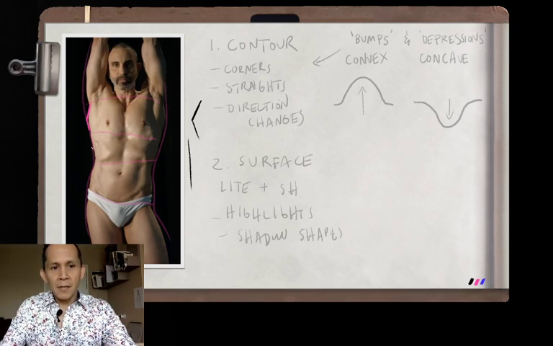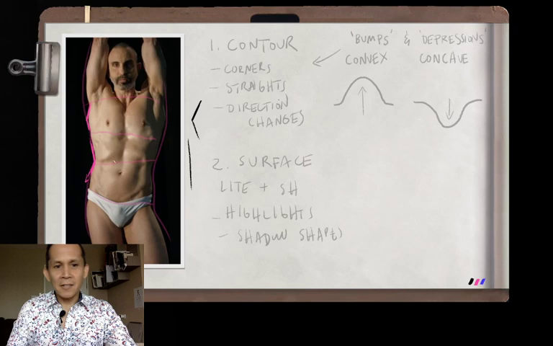Like, for example, here, it goes from here to here. You see that? It went down, then it went out. Down and in, and then out. That's a direction change, that's a corner. So that tells me some anatomical thing is happening there.